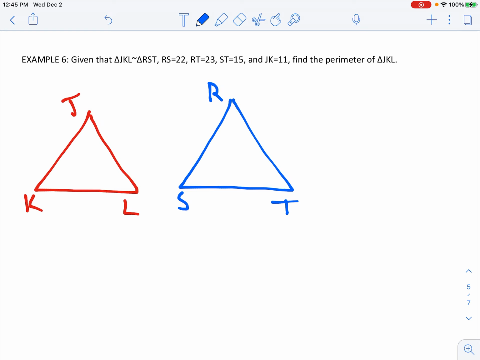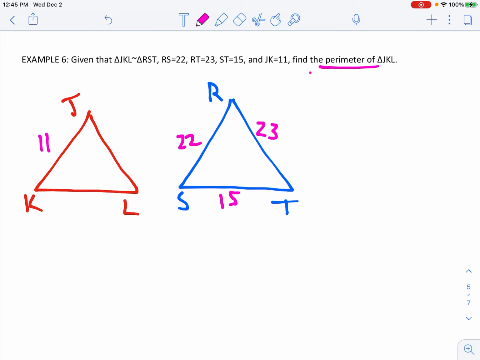They're similar, but remember they're not equal to each other. So JK, let's label our picture. JK is 11. It says RS is 22. It says that RT is 23. And it says that ST is 15.